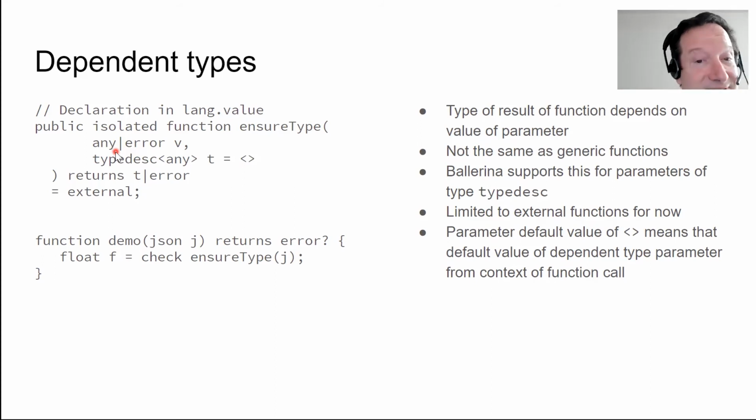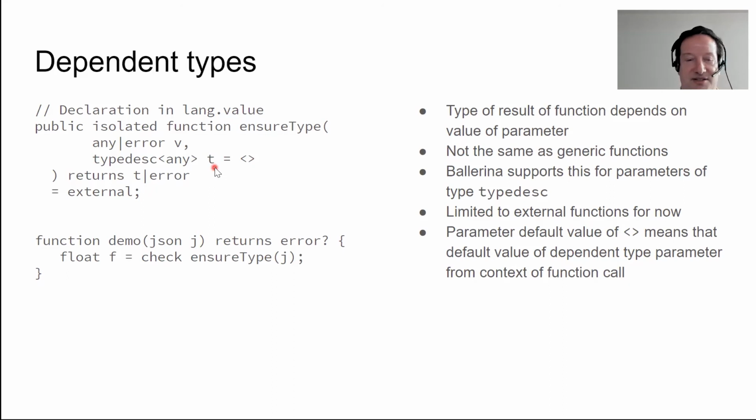The value of the return value may be dependent on the arguments, but the return type doesn't usually depend on the parameters. But we have a special feature whereby the return type can depend on the value when the parameter is a type descriptor.